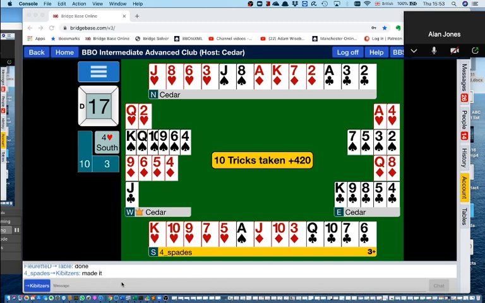The next topic is we're actually going to go on to double squeezes. So I will be back onto the treadmill. I'll give you a preview. When we do double squeezes, we're going to find that a typical distribution is that you have two threats and neither of them have entries.